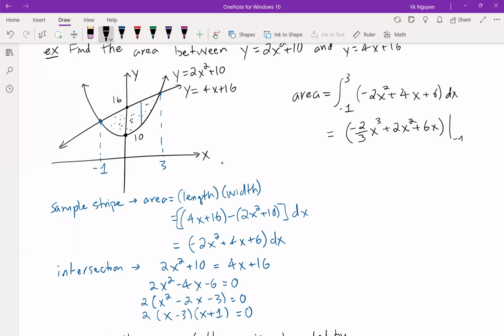Evaluate from -1 to 3. Do the substitution. We have -18 plus 18 plus 18 minus, now sub the -1 in, 2/3 plus 2 minus 6. Work out the arithmetic and we have 64/3.